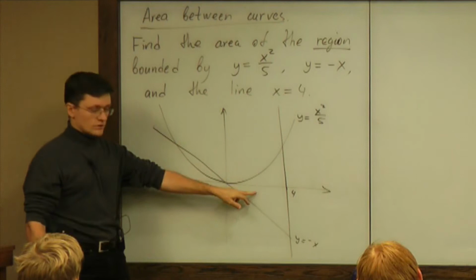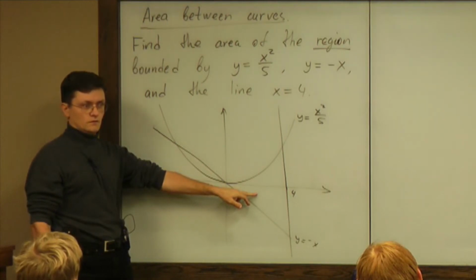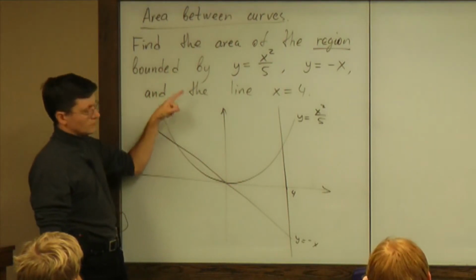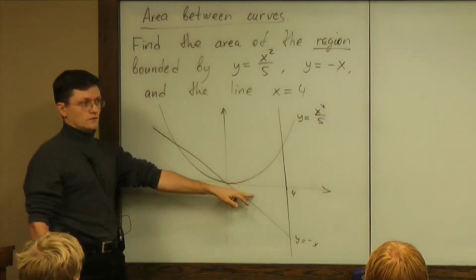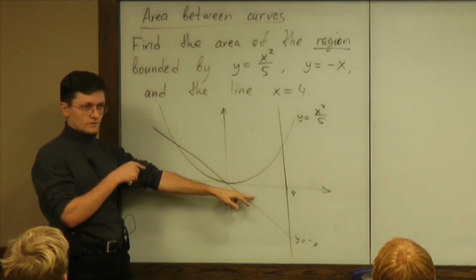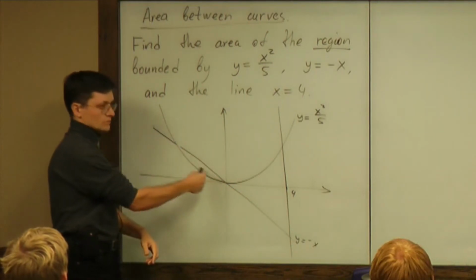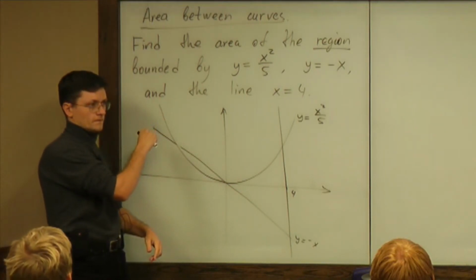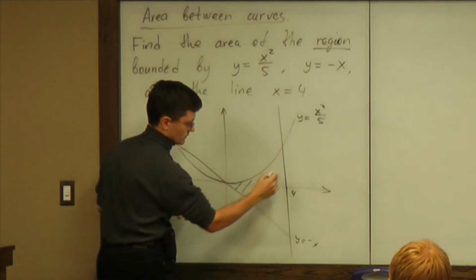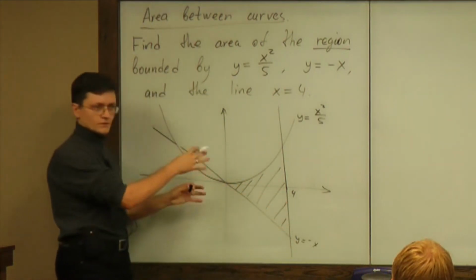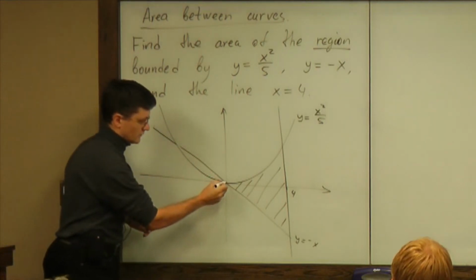But there are two bounded regions that we can see. And then, by reading the statement carefully, you can recognize that there is only one of those two that is bounded by those three curves, right? Because this one is bounded by two of them only. So the question is only about the area of this region, kind of triangular region.